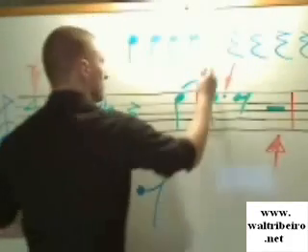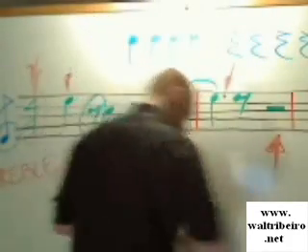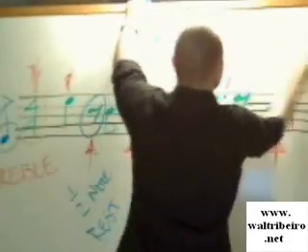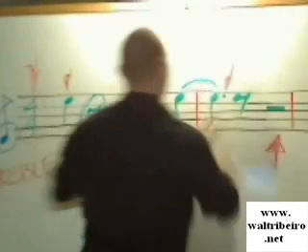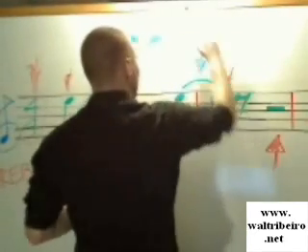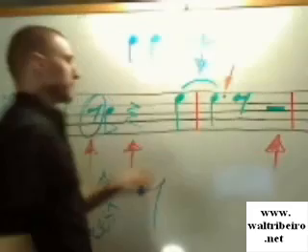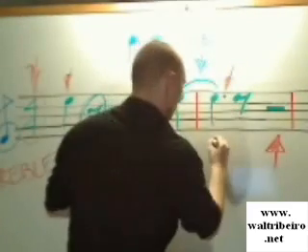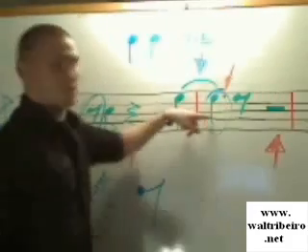So this part right here, let me erase this. Check this out. This part is referred to as your tie. And finally, this note, I'm going to make it bigger.